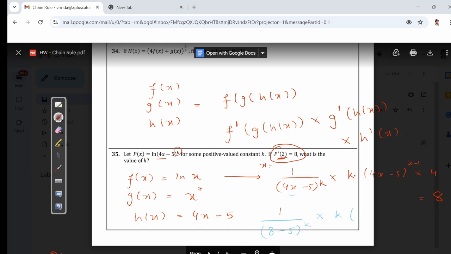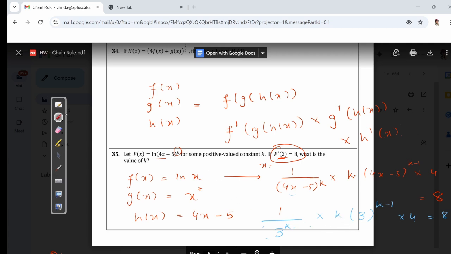I'm just directly writing 3, okay? So this will be 3 raised to k. Anika, just stop me if you don't understand a step. So 3 raised to k times k, and this will be again 3 raised to k minus 1 times 4 is equal to 8. Can you solve this equation now?